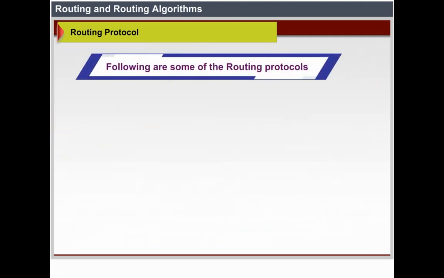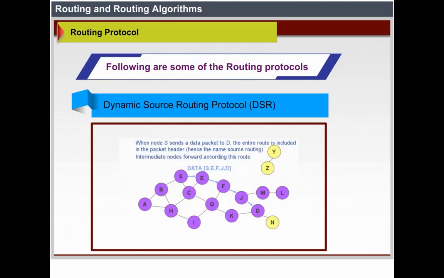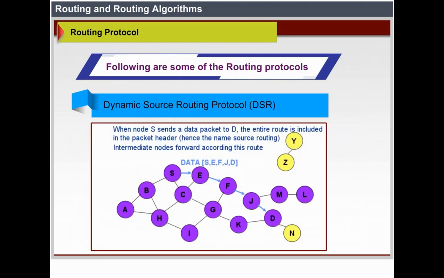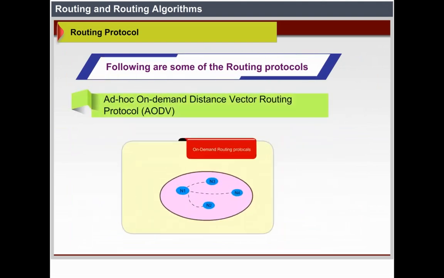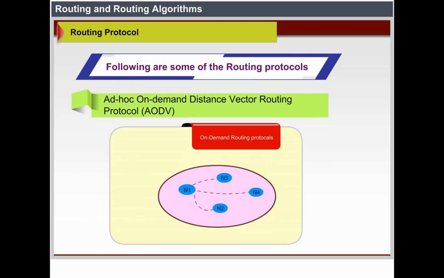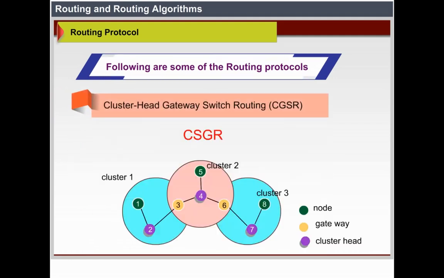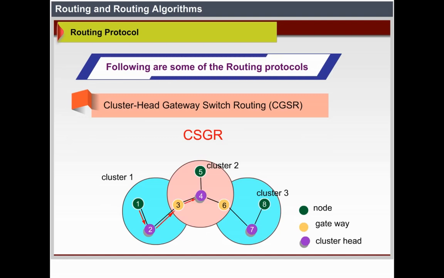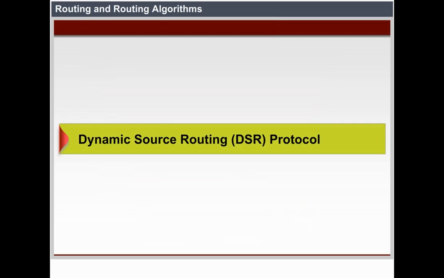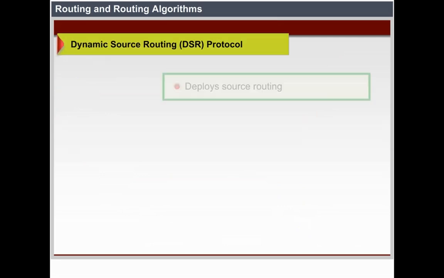Following are some of the routing protocols: Dynamic Source Routing Protocol (DSR), Ad hoc On-Demand Distance Vector Routing Protocol (AODV), Temporarily Ordered Routing Algorithm (TORA), Cluster Head Gateway Switch Routing (CGSR).